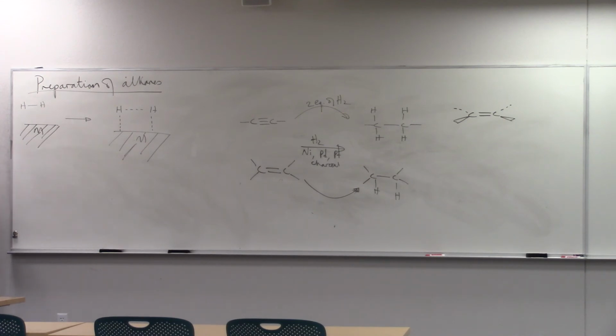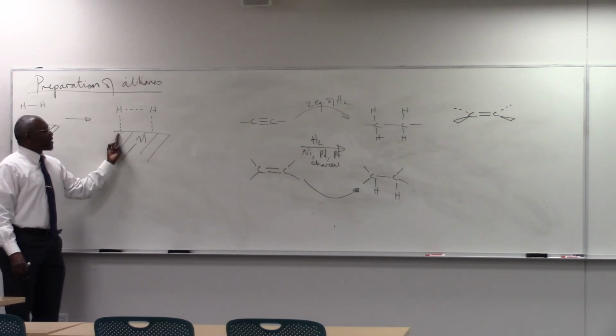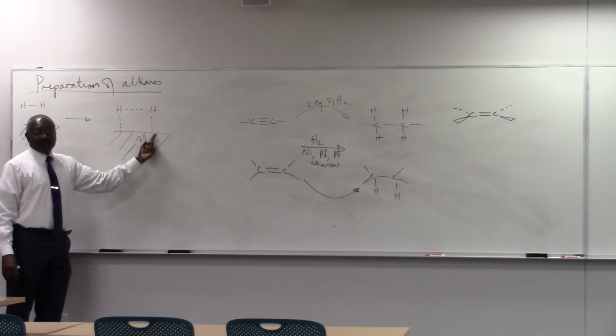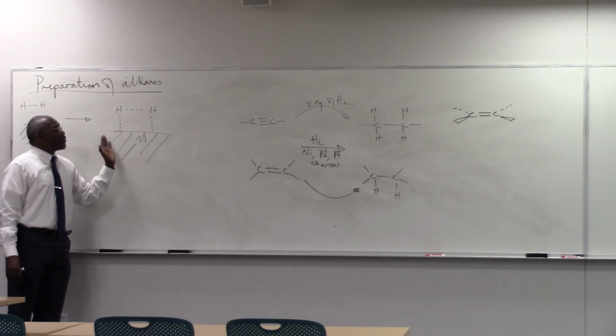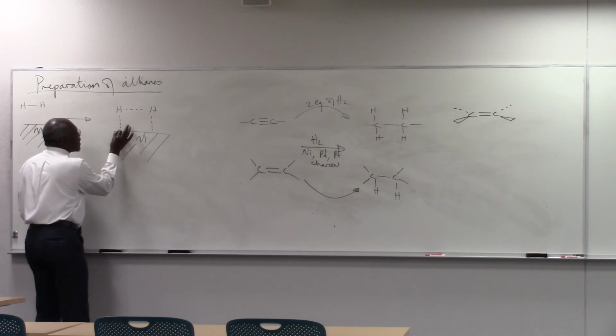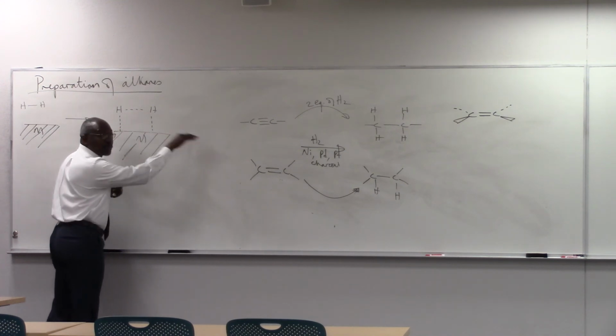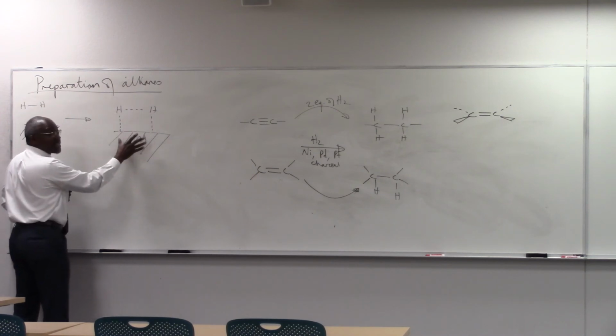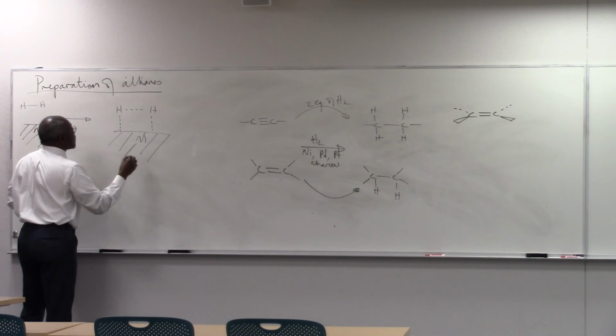So I'm going to use the binding power of these two electrons to now zip together metal, H, metal. So the hydrogen is bound to the metal surface. Of course, M means the metal atoms here, all across the surface. So these H's aren't bound to the same metal atom necessarily.